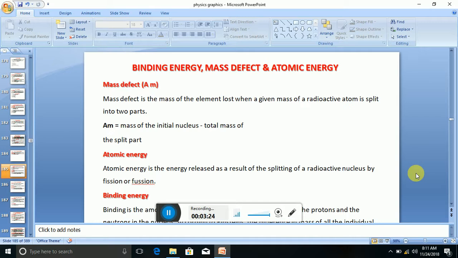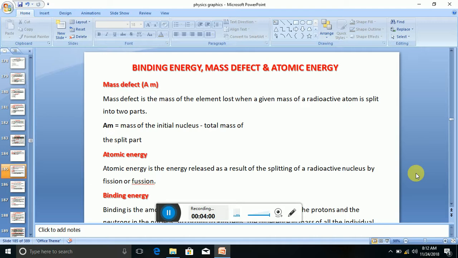Mass defect is the mass of the element lost when a given mass of a radioactive atom is split into two parts. So mass defect is actually the mass that is lost to produce emissions like gamma rays, X-rays, and all that. Because when a given mass of a radioactive atom splits into two parts, the combination of the two parts does not equal the original one due to mass defect.